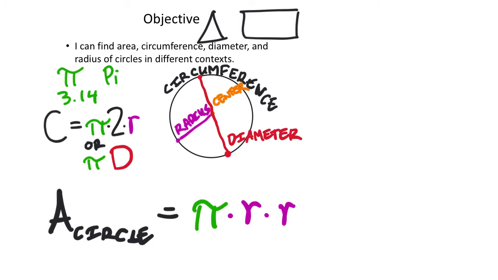Now, some people prefer to look at it like this, where you just take pi times the radius to the power of 2. That's fine. But because we haven't really gone into too much detail about exponents like this, I'm going to keep it as radius times radius for the most part. We may be asked to change these formulas like we said in the objective, right?